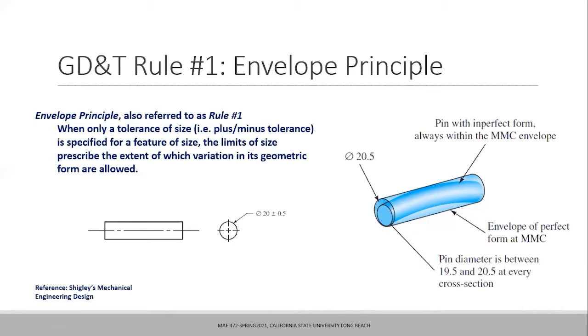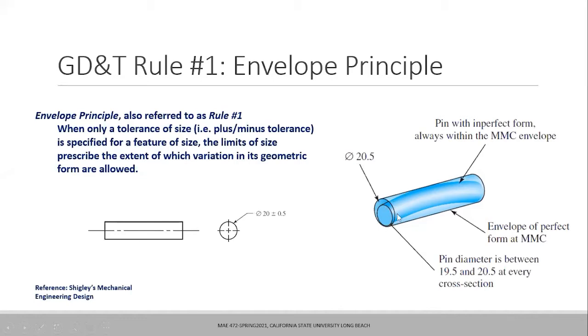So that means any cylindrical shape or pin, as we will call it now, can be fabricated or manufactured, and it will be perfectly acceptable to the designer as long as this pin lies in the envelope of 20.5 millimeters.